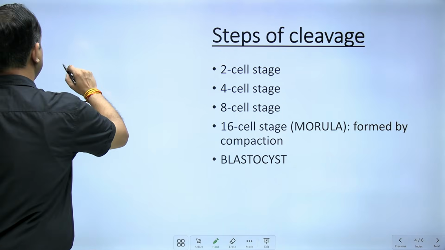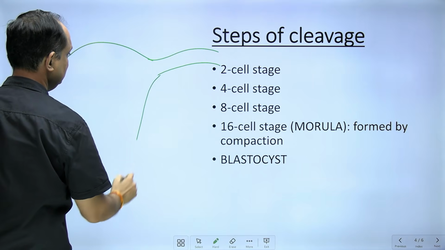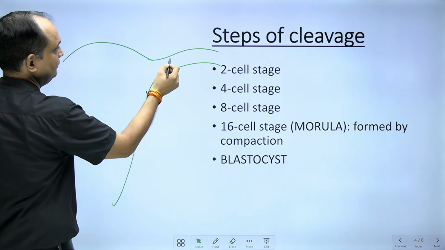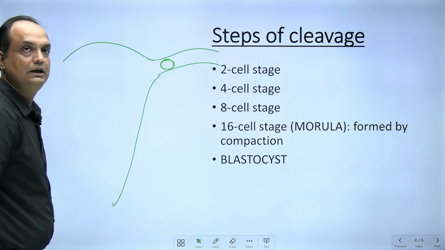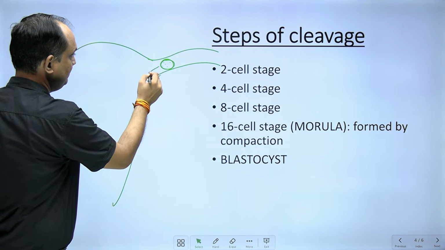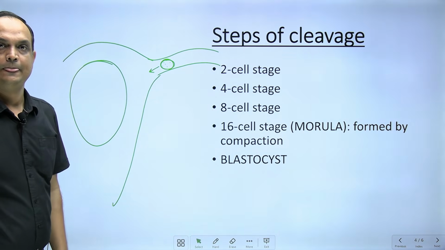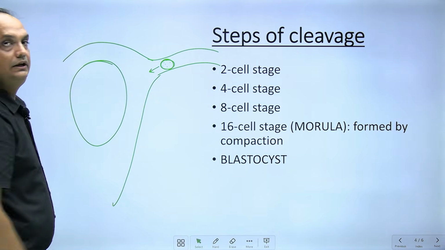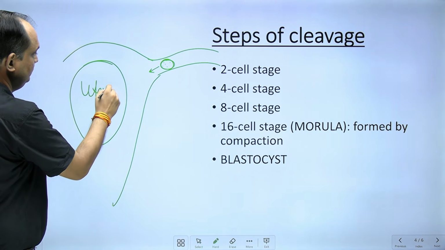Now, when you are talking about the migration of the developing zygote, this is your morula. On the third day, this morula is formed and it approaches the uterine cavity. In the uterine cavity, you have tissue fluid, or you can say uterine fluid.